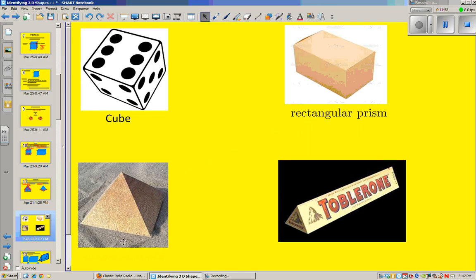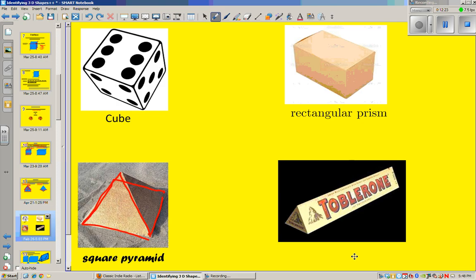Then down here we've got a square pyramid. It's a pyramid that has a base that's a square, and here you can see what I was talking about. All pyramids have some faces that are triangles, but this one has a base that is a square.